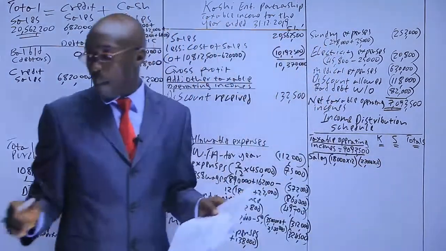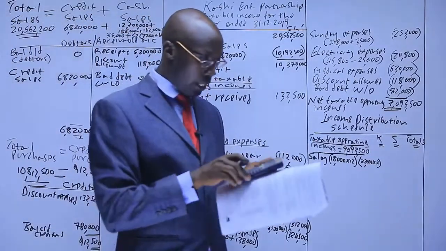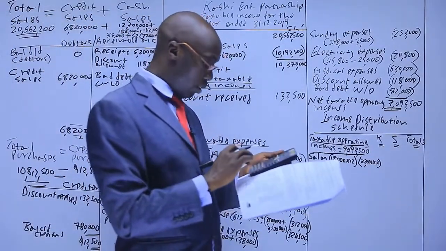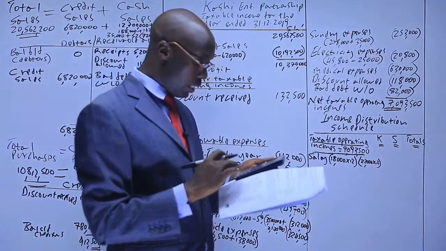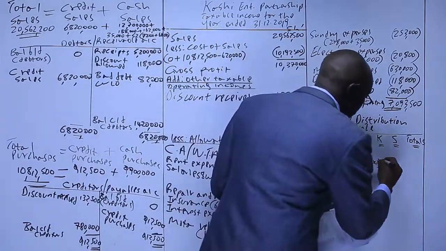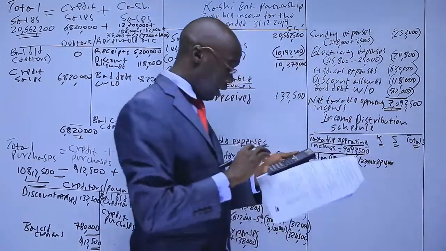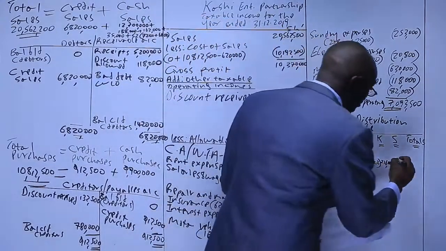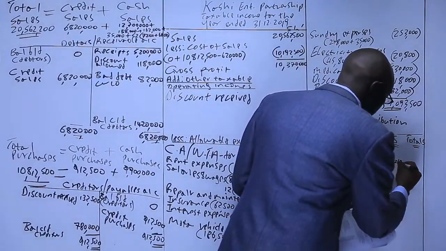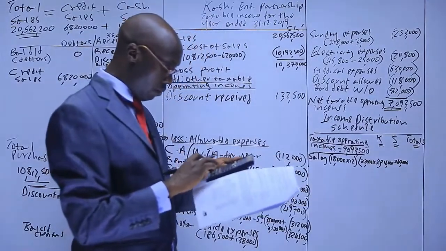Because they were monthly amounts. So we have 18 times 12, which gives us 216,000. The other one is 22,000 times 12, giving us 264,000.